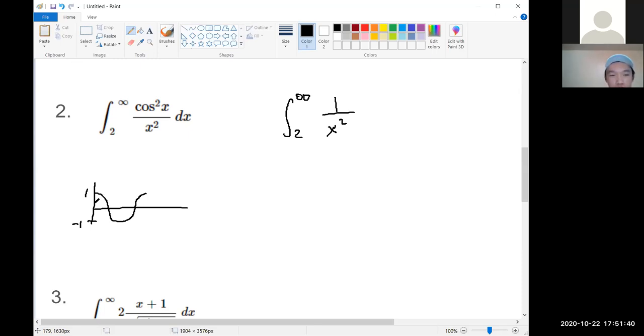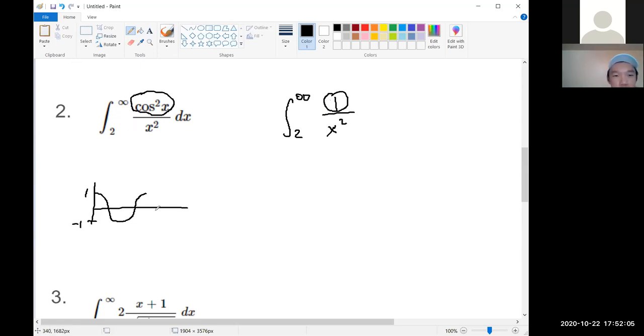Yeah, that's right. So if you were to compare the two numerators, so this numerator and this numerator, do you guys see how whatever value you get for the range of cosine is always going to be less than 1, right?